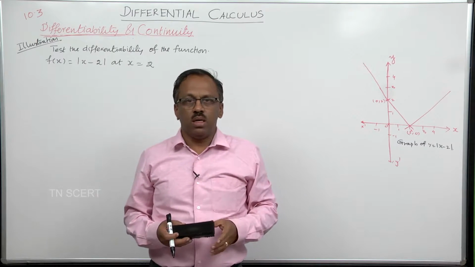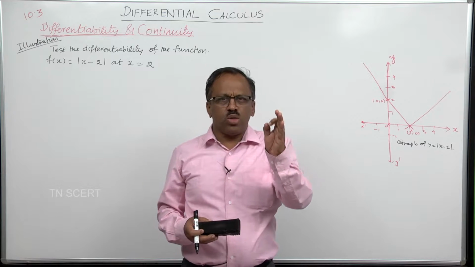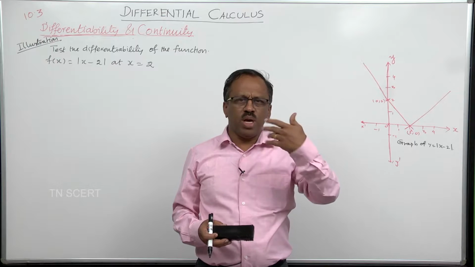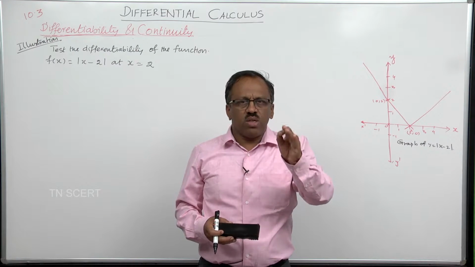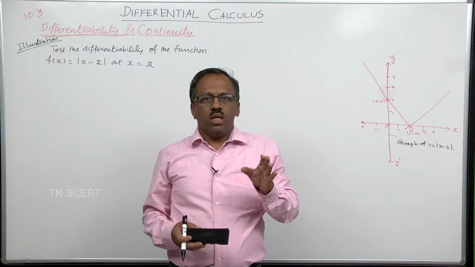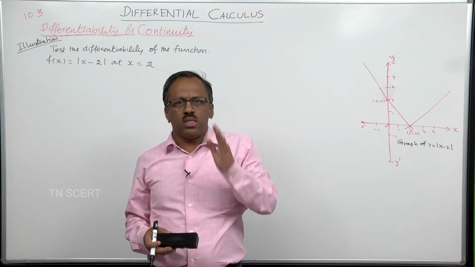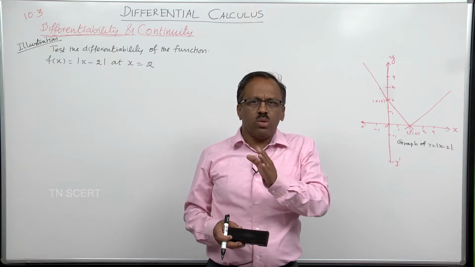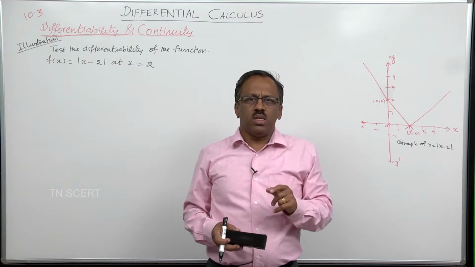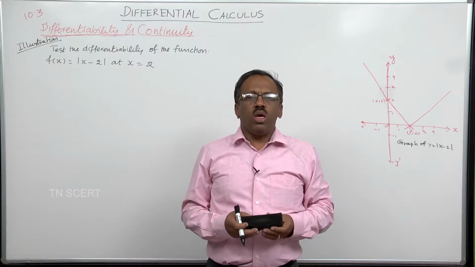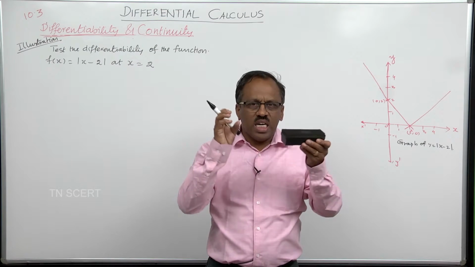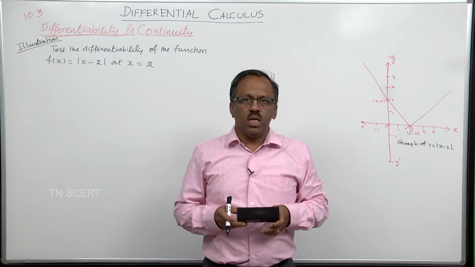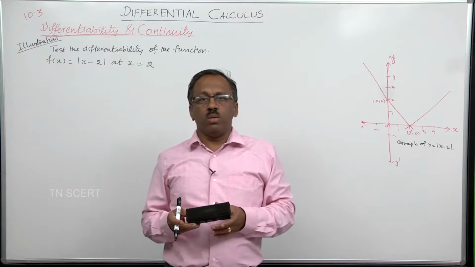Let me consider the point as a. The limit as x tends to a minus of f dash of a is equal to the limit as x tends to a plus of f dash of a. If both values are the same, then it is differentiable. If not, it is not differentiable.